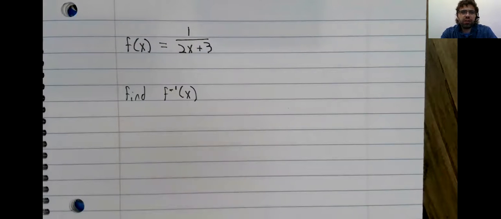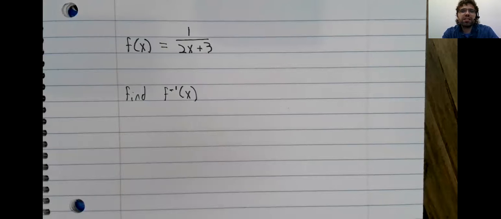Now we know that not all functions are invertible. Presumably, if I'm asking you to find an inverse, it's because that inverse exists.